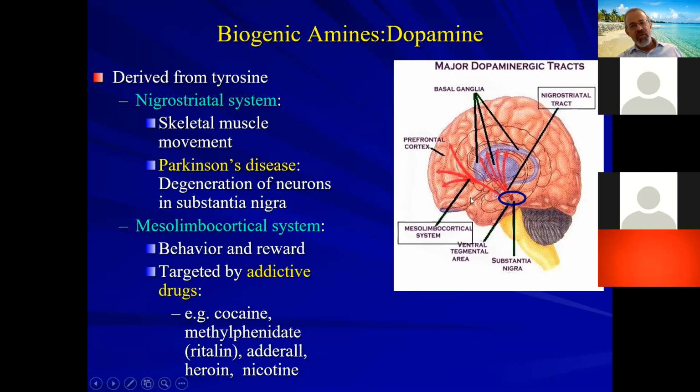Unfortunately, this is also the neurotransmitter that's targeted by certain drugs that, because of that, are very addictive. Things like cocaine, Ritalin, and Adderall, which is used for people who have ADHD, drugs like heroin, even nicotine. Now, these drugs certainly have other effects, but they do affect the dopamine pathway.